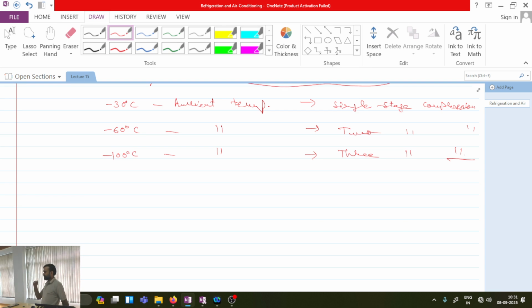If I keep on decreasing the pressure, what will happen? The specific volume of the fluid will keep on increasing. So the mass flow rate across the compressor will decrease. It means that in order to achieve a significant mass flow rate, you have to take a large system. All clear to this point?